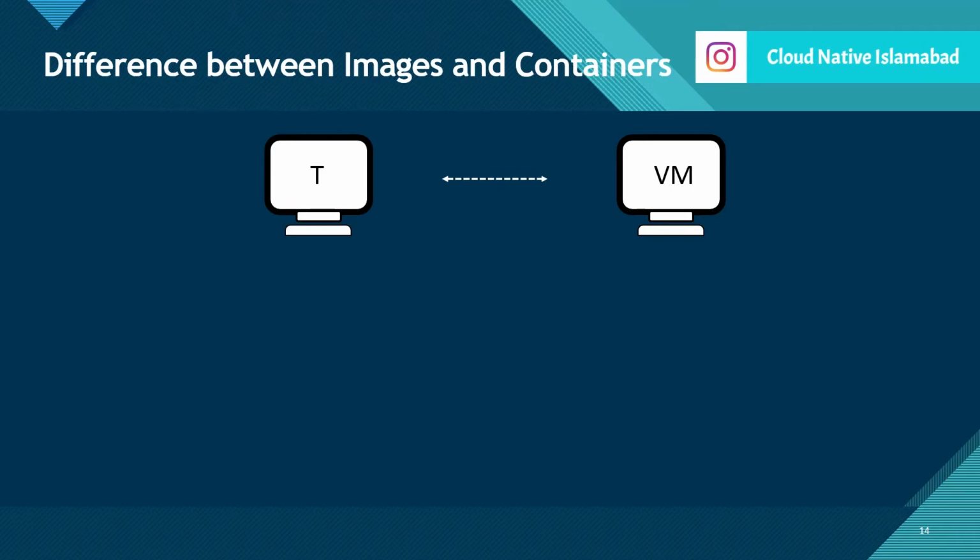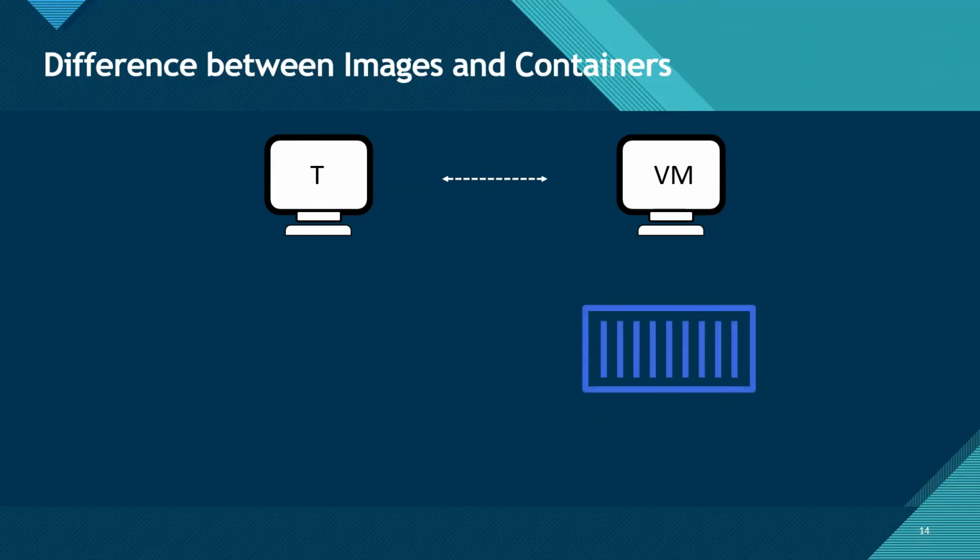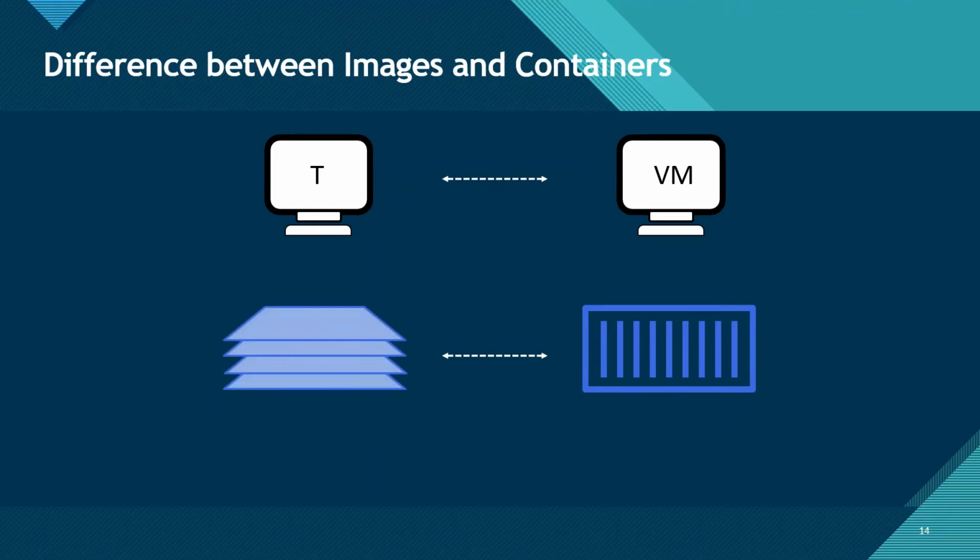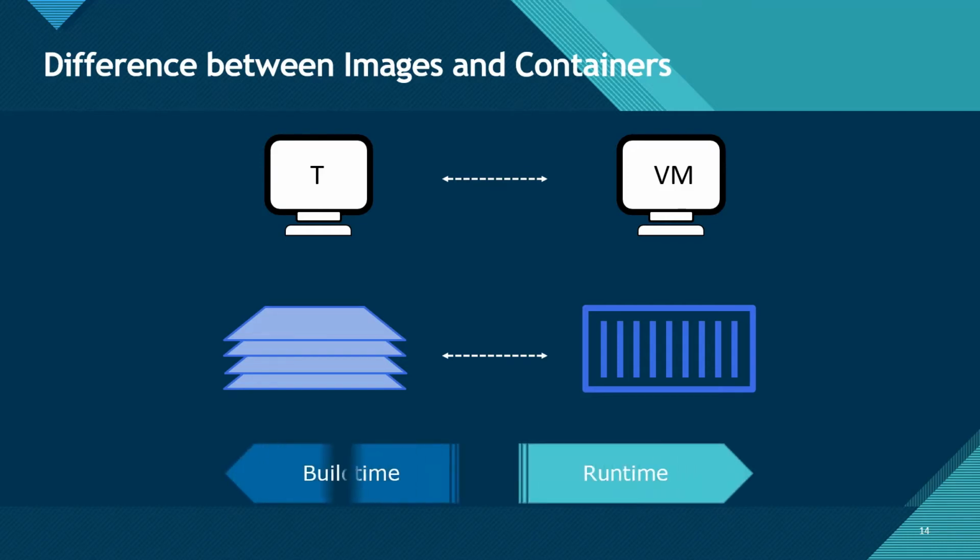In the same analogy, a container is essentially the running form of an image, and an image is like a stopped container. So the container is a runtime construct, and the image is a build-time construct.